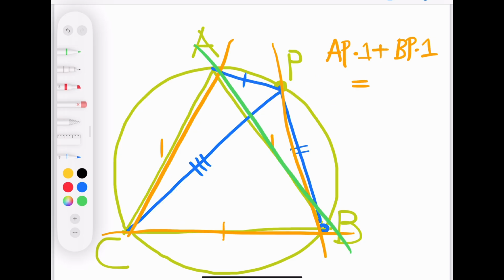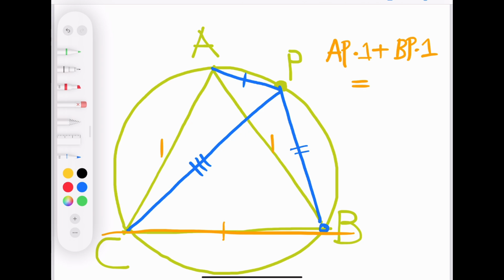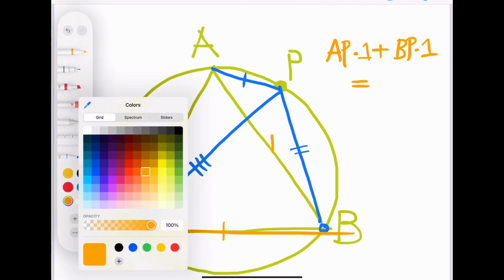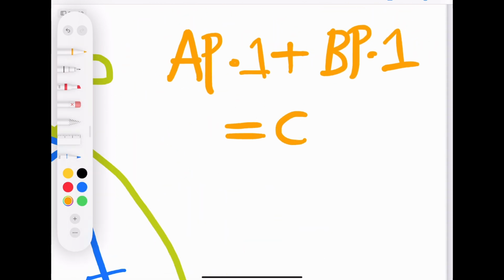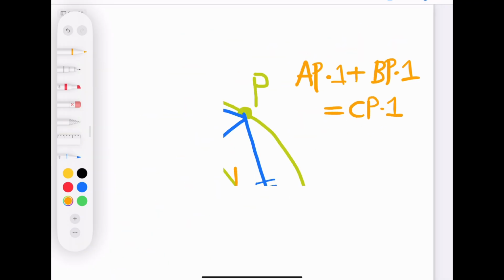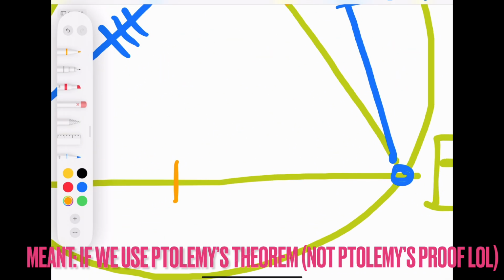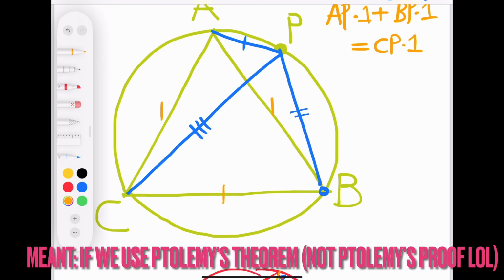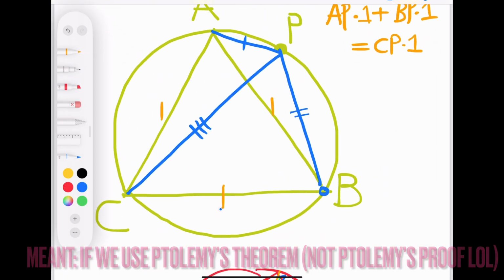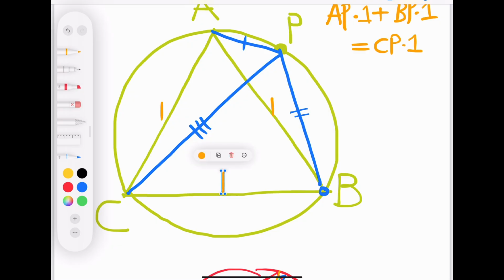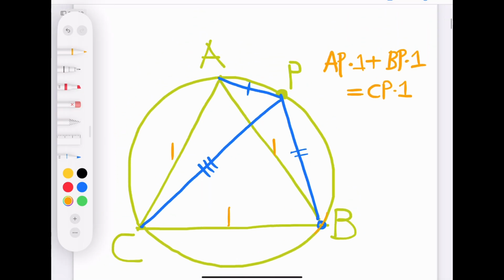And this is exactly the result that pops out. That's just a one line. If you use Ptolemy's theorem, it becomes one line as to why AP plus BP has to equal CP.